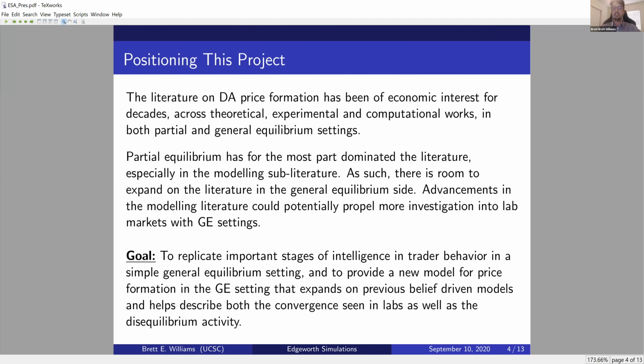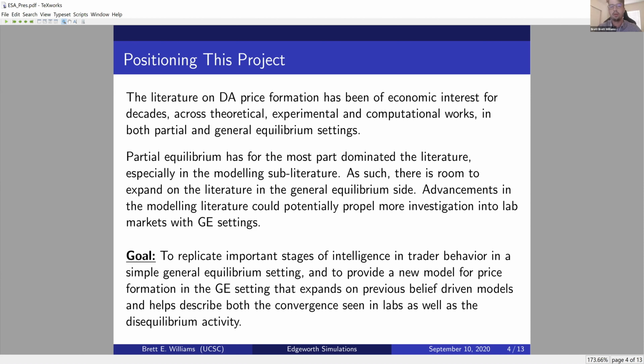So trying to position this project how I just mentioned, right? The literature is decades old, potentially 150 years old if you want to start it at Jevons, and spans across theoretical, experimental, and computational works. Most of the time these papers combine all three, and it occurs in both partial and general equilibrium.